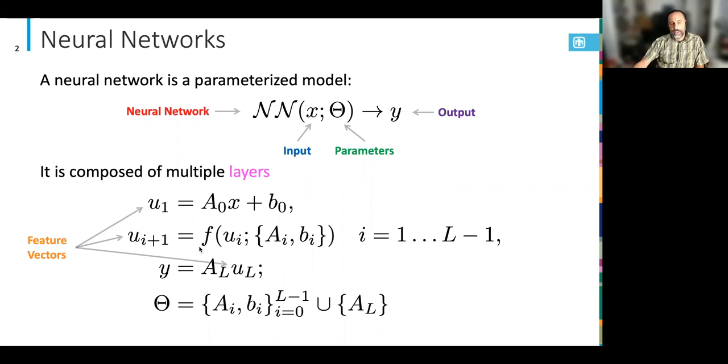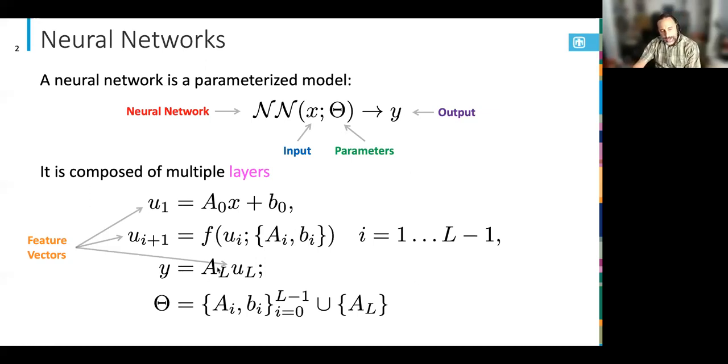Then we can iterate this in a layer-wise fashion, where each layer is defined by this activation function, which I'm writing very abstractly as F here, mapping from layer i to layer i plus 1, subject to the parameters Ai, Bi. Of course, we've all experienced by now that this is typically an affine transformation of ui subject to some pointwise nonlinear activation function like ReLU.